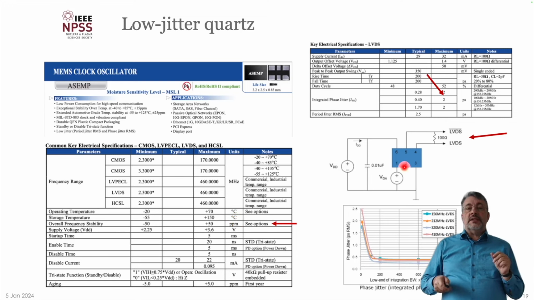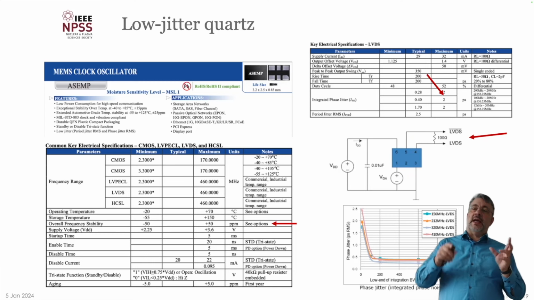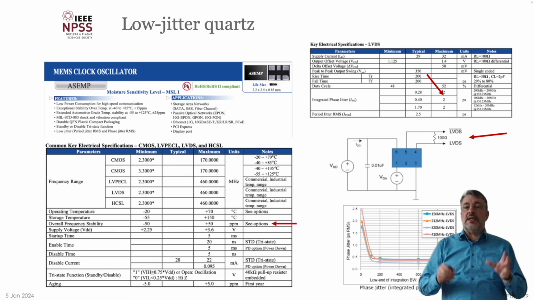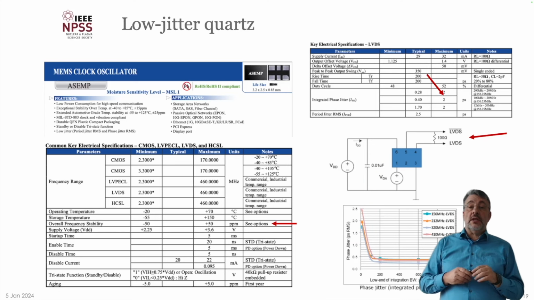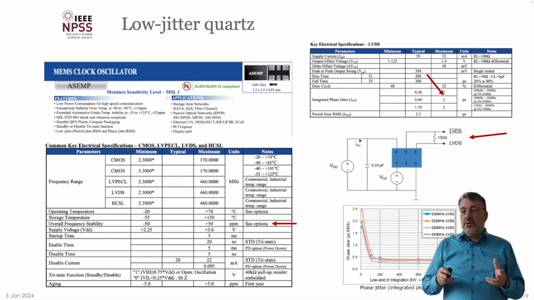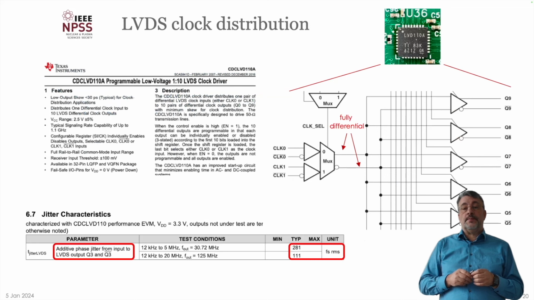The nice thing with this oscillator is that it already has an LVDS output, so we don't have the single-ended to differential conversion again. It comes already out of the oscillator, and it has a very low jitter, in this region you can see, down to a few picoseconds. So we use this simple quartz. It's not even in a thermally controlled environment, just a damn simple quartz, and it's good enough for our case.